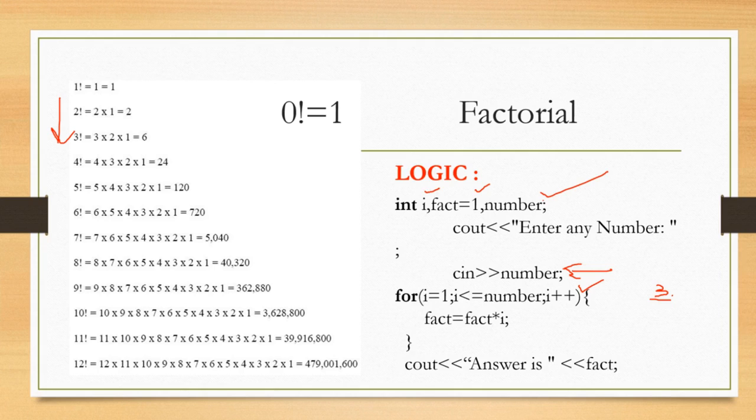So now it will get the value of 2. Now again i will become 3. The factorial itself has a value of 2. Now the number is 3. If we multiply it, it will become 6. But that is all the for loop will run, and the factorial will come out to be 6.